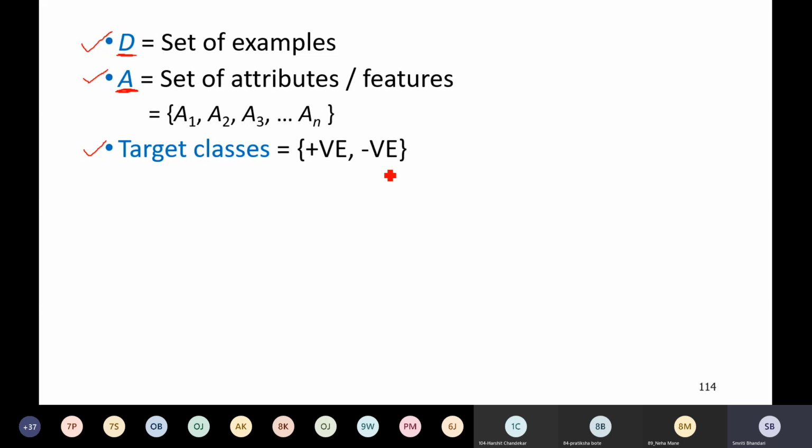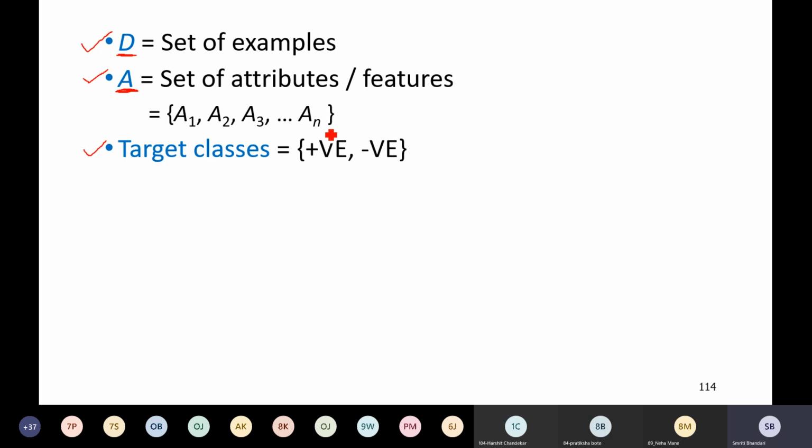So once again, two classes, positive and negative. With these details, let me show you how we are going to proceed. Out of all those n attributes, we are going to pick one of the attributes as the root node.